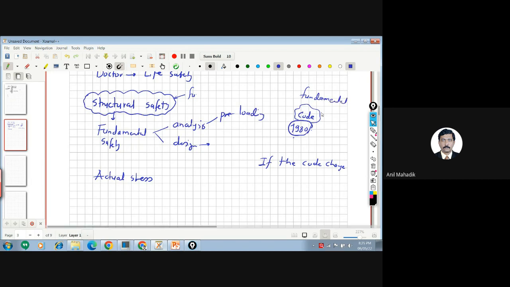Now the second question comes: why are the codes revised regularly? Let's say the safety is 100%. Apart from safety, there are certain issues regarding durability and cost. There may be other parameters also, such as refinement of the analysis and refinement of the design.